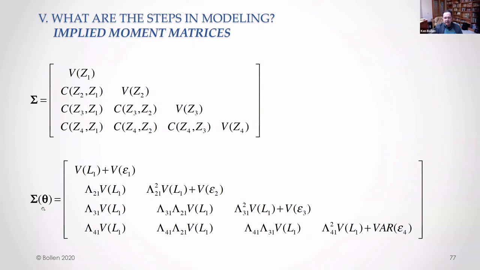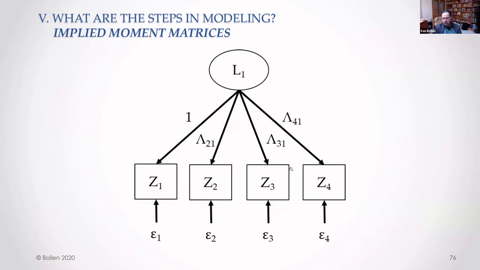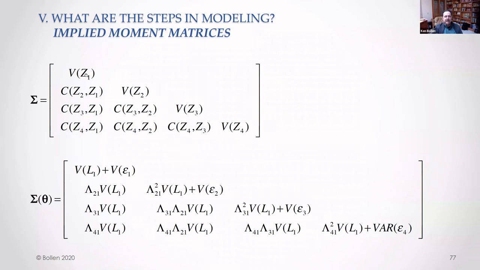There's a formula that tells you what the sigma of theta will be for any model you can come up with, and that formula was applied here. This tells you which model parameters predict which variances and covariances. If this model structure is true, then the variance of Z1, the scaling indicator, should exactly equal the variance of the latent variable plus the variance of its error.